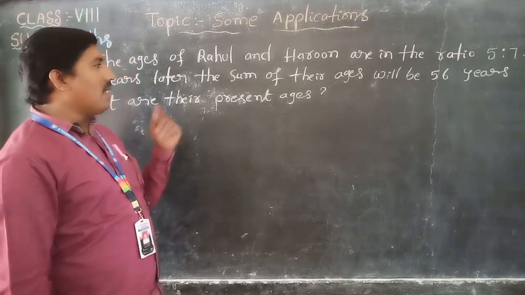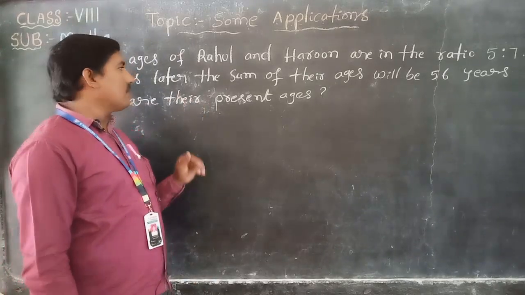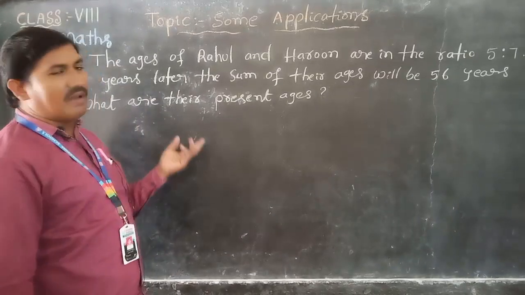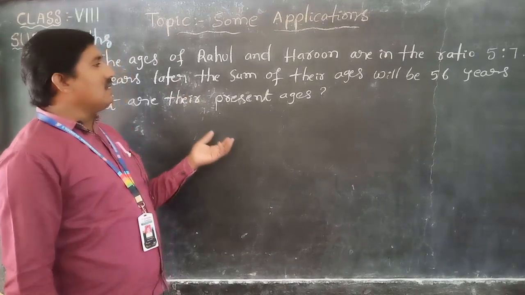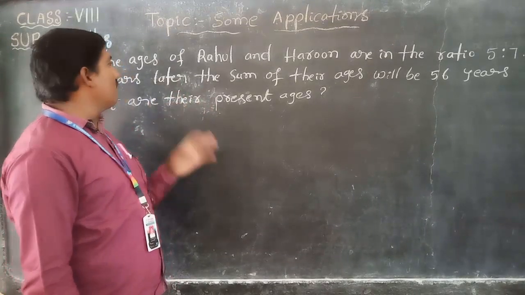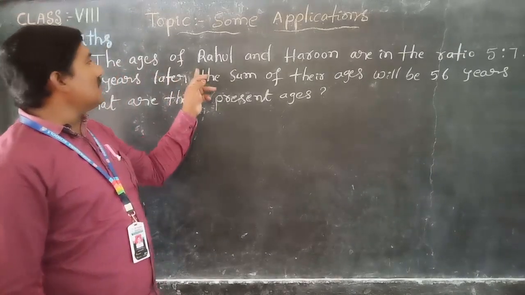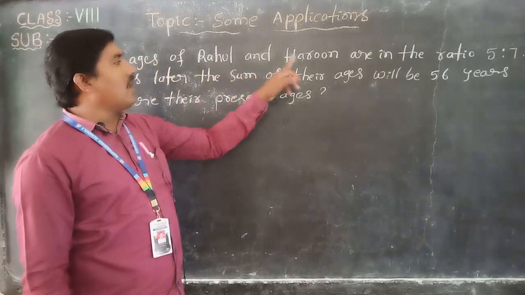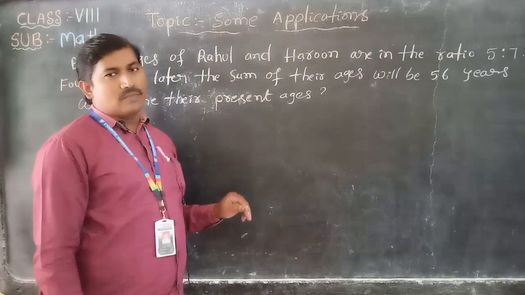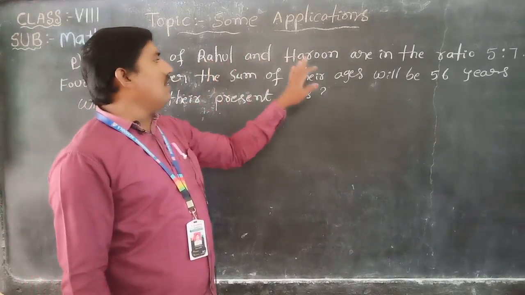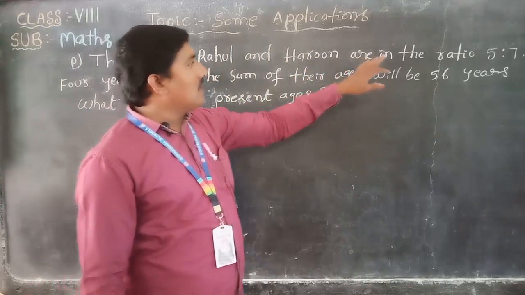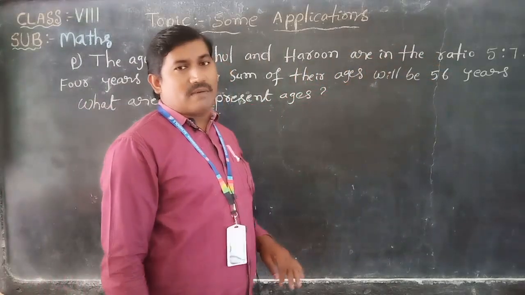For every model we are discussing one problem. Okay, this is ages problem. See what they given first of all. What they given, after that which way we should do that problem we will see. The ages of Rahul and Arun are in the ratio 5:7.